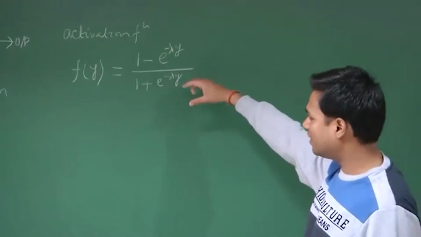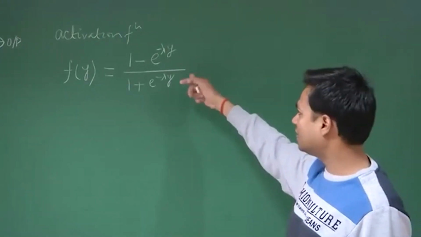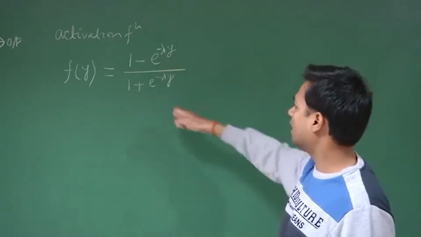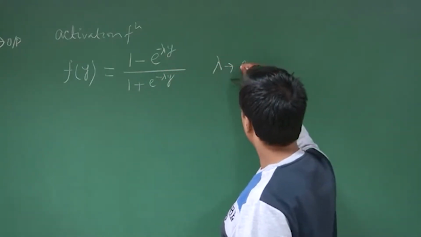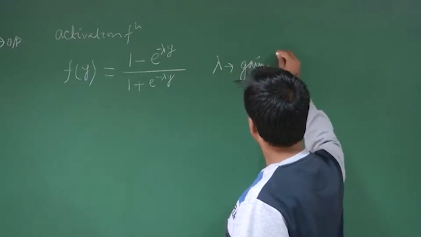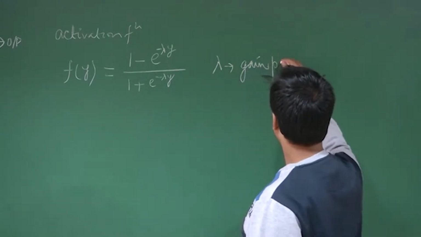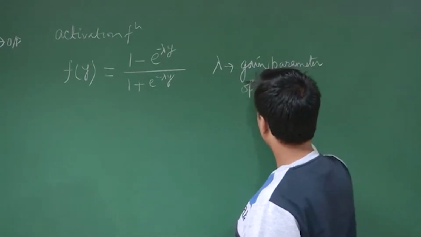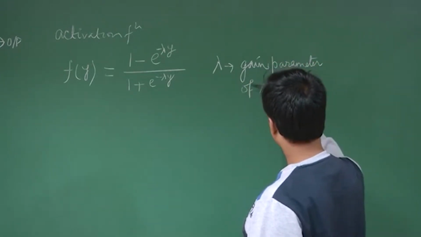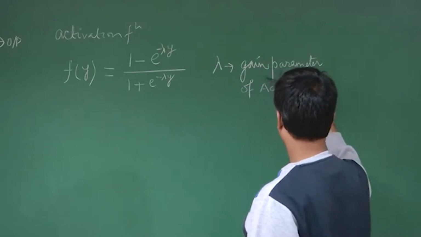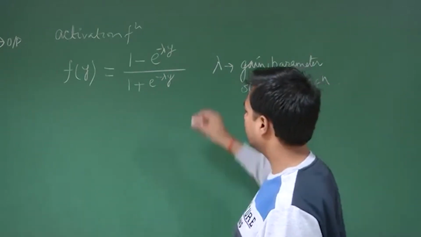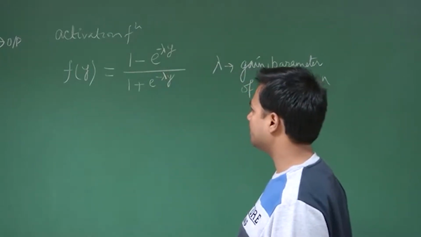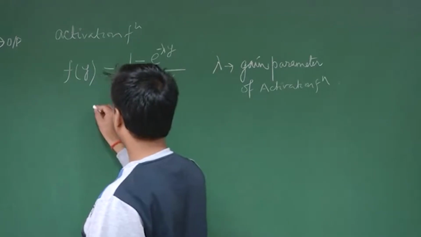Now you can see you can also modify this nonlinear activation function with the lambda parameter, meaning you have control on the function with this parameter. Lambda is called the gain of the activation function. So here you have the flexibility of selecting this activation function. This is basically tan sigmoid.